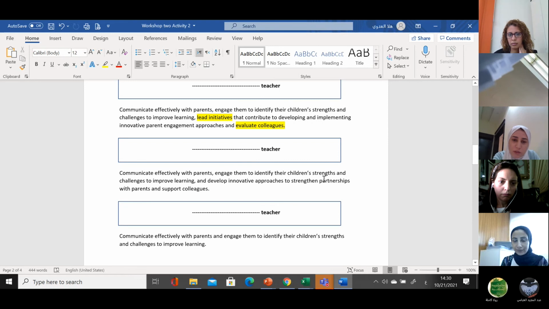Communicate effectively with parents, engage them to identify their children's strengths and challenges to improve learning and develop an innovative approach to strengthen partnerships with parents and support colleagues. This is the advanced one. How did you know?